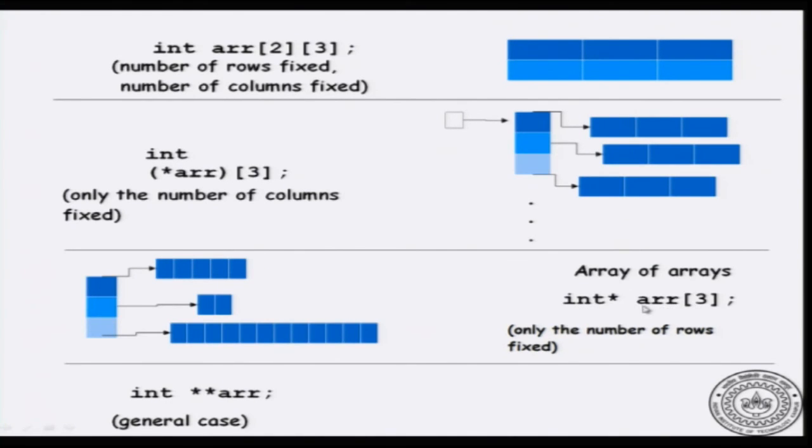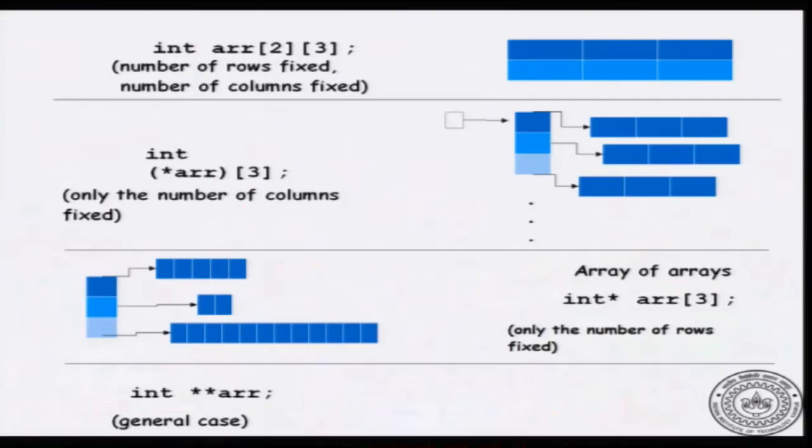So, it is an array of 3 elements, each of type int star. So, you can see that this is one situation where you have 3 pointers, but each of them can point to arrays of arbitrary length. So, this is a situation where the number of rows can be seen as fixed and the number of columns is variable. And the general case can be int **, which is where the number of rows and the number of columns are both variable.